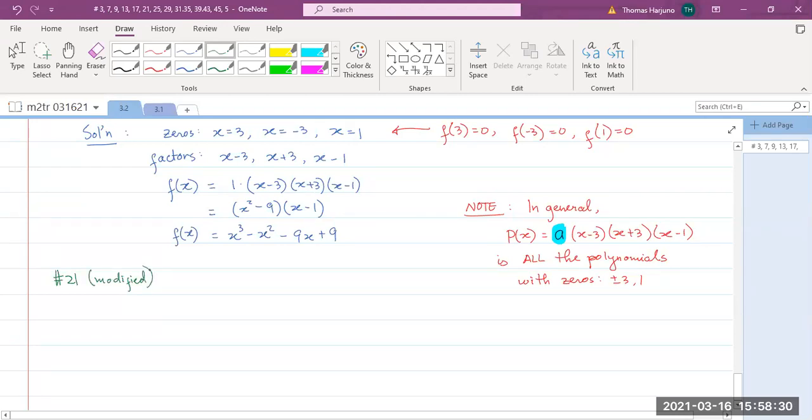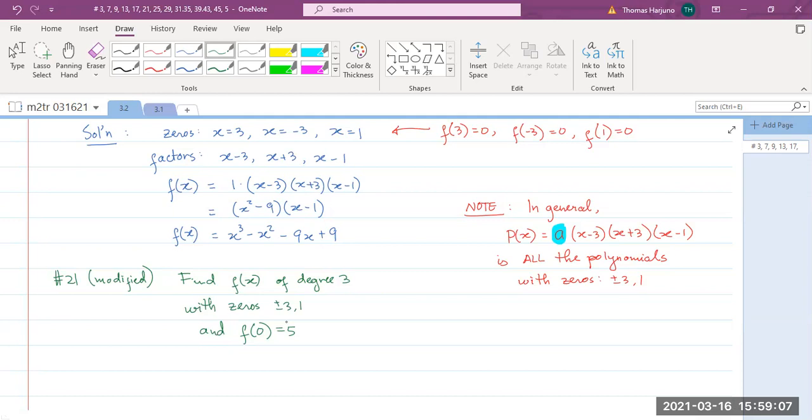Find f(x), a polynomial with degree 3, with zeros plus or minus 3 and 1, and let's say f(0) equals 5. So they don't tell us the leading coefficient has to be 1. In that place, they tell us the y-intercept (0, 5). Now, how to find this function?